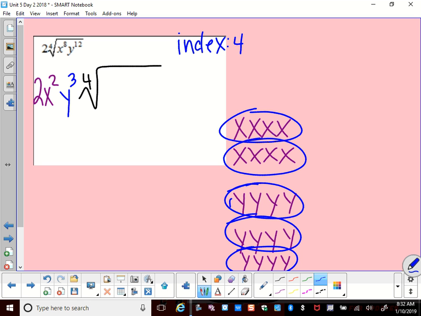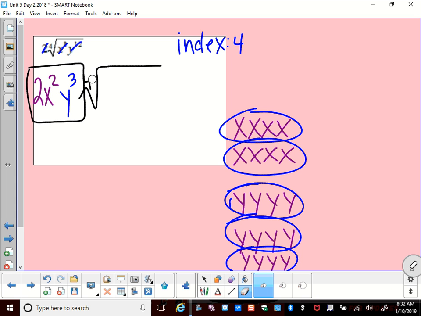Do I have anything else that's left over? No. My 2 is outside, my x is done, my y is done. Is there anything left inside the radical? No. If you want to erase the radical, go for it. You don't even need it anymore. But we wouldn't have known that from the beginning, so that's why we always write it. But that's my answer, because everything came out.